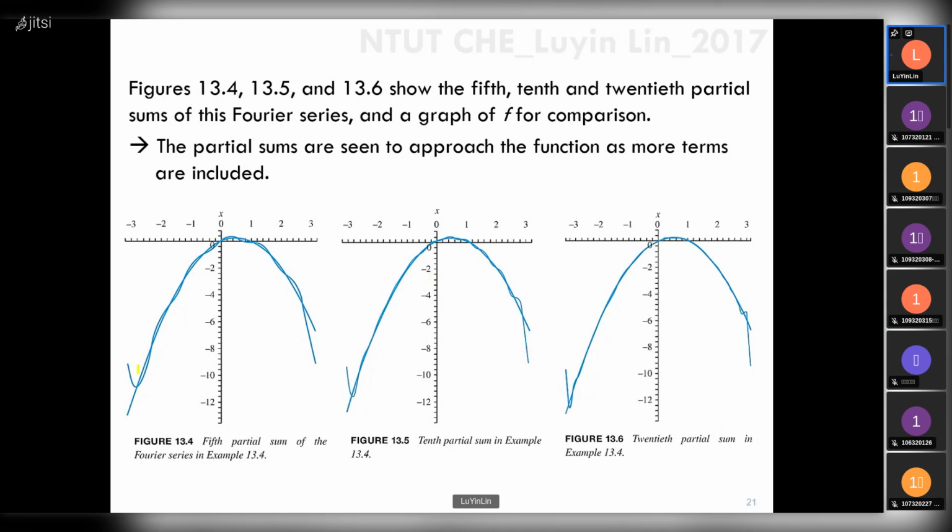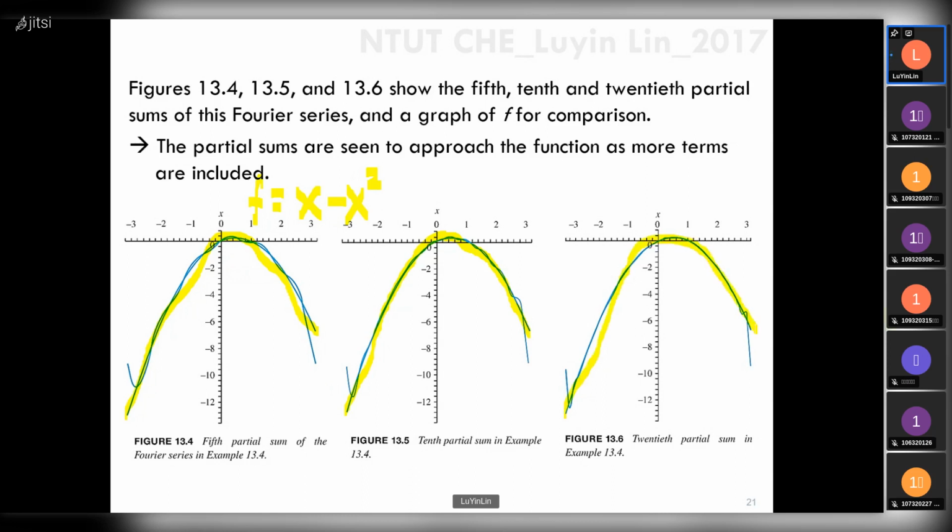You can see this one. There are two curves in this figure. This one is f of x equal to x minus x squared. The same curve is shown in three figures.